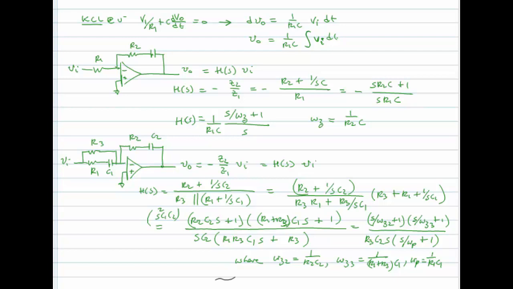Although it's a lot of algebra, you can put it into a standard form, and we see that for this particular filter we have a transfer function that has two finite zeros and two poles. One pole is at S equals 0, and the other is at omega P.